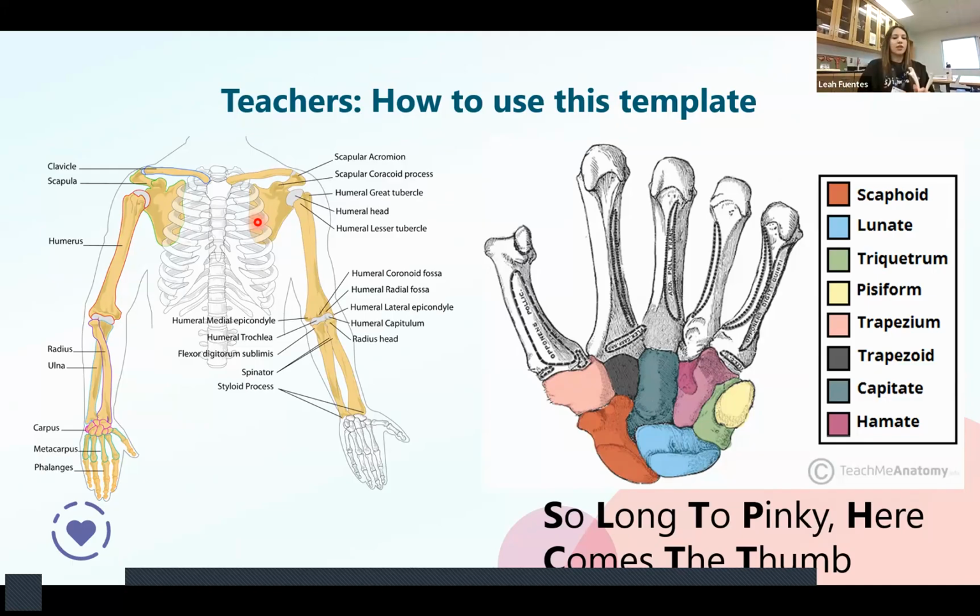So a lot of students get the radius and ulna confused. Radius has a circle at the top, like in math, when you take the radius of a circle. The ulna makes a U. Both of these have styloid processes, which is what you need to know.